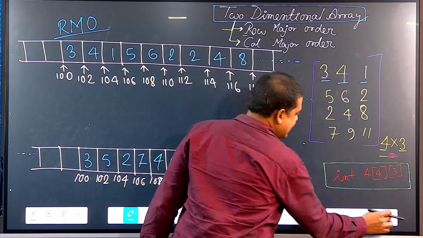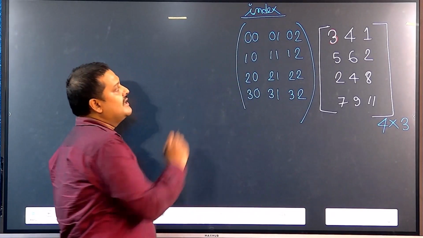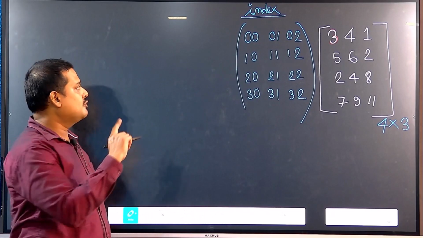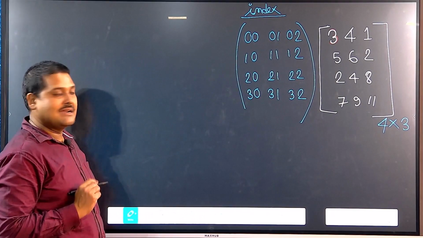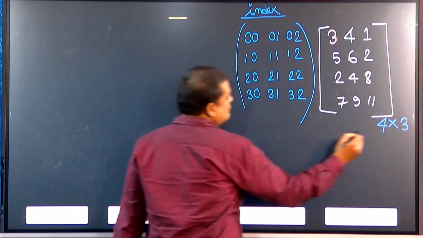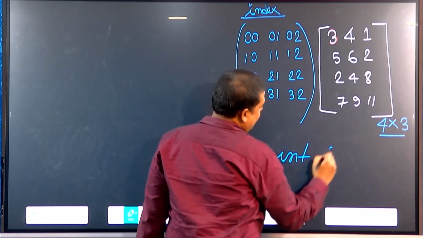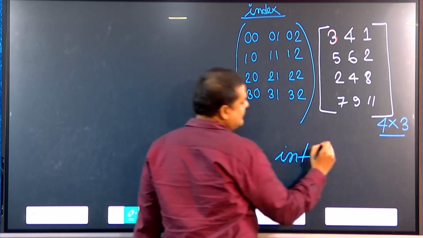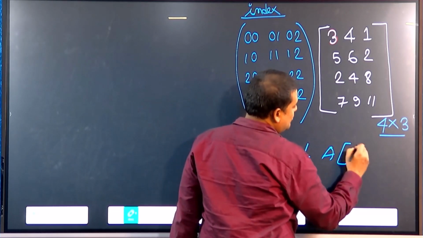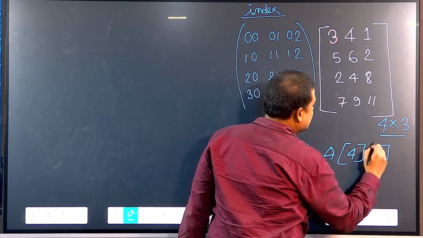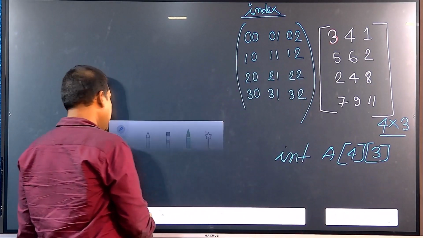Consider this two-dimensional matrix. It is nothing but an int array, say for example named A. This is 4 by 3, that means 4 rows and 3 columns.